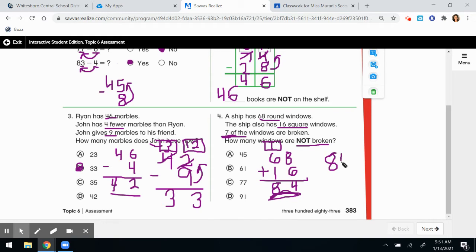84 minus 7. I can't do 4 minus 7, so you need to regroup. 8 becomes 7. 4 becomes 14.